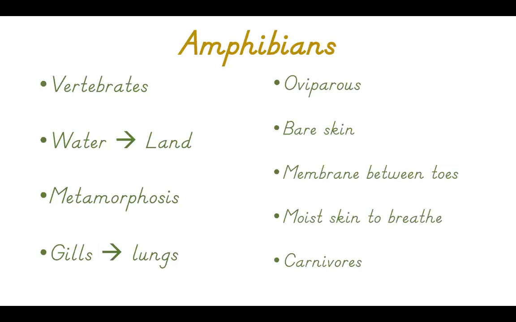A lot of times amphibians will return to the water because their body must be moist and wet. Their skin needs to be wet in order for them to breathe. So amphibians breathe from their lungs and through their skin. They need both in order to get enough oxygen to live.